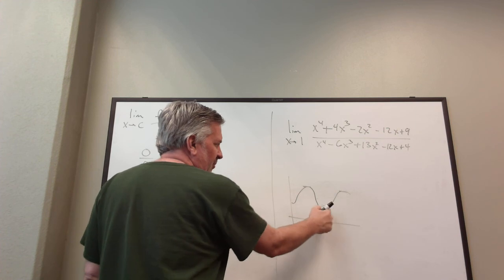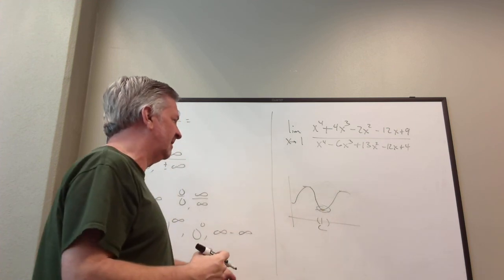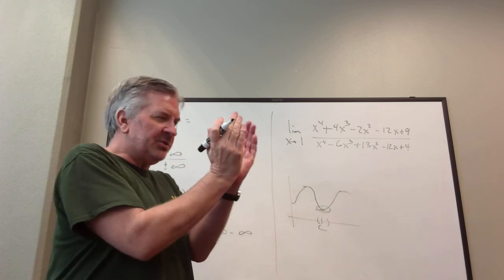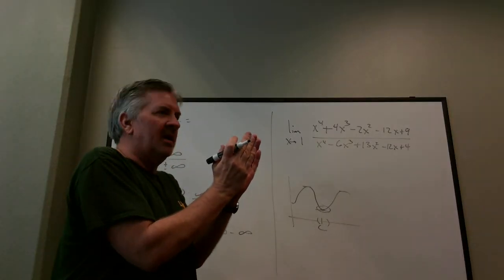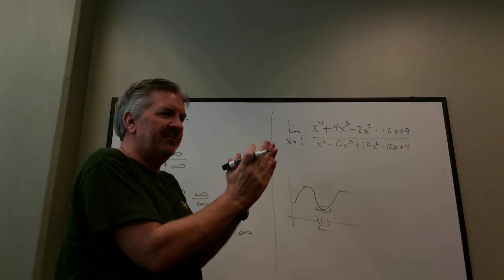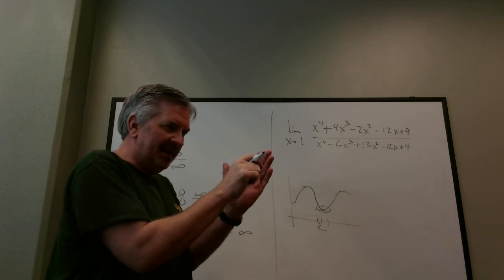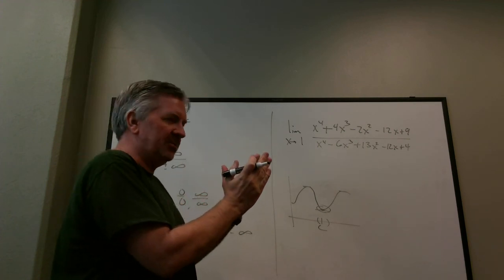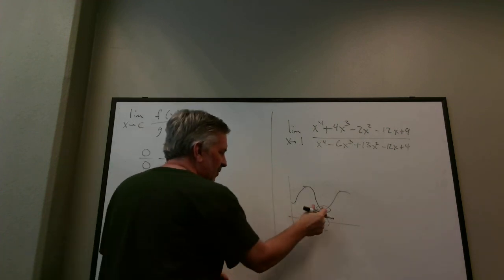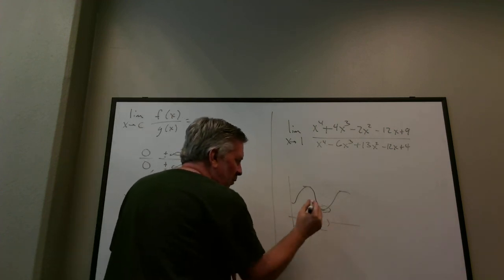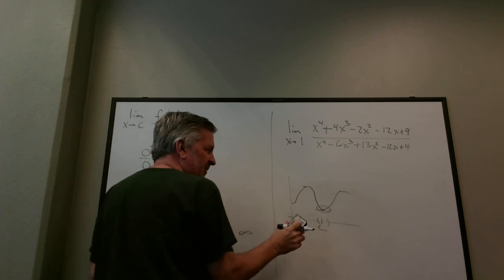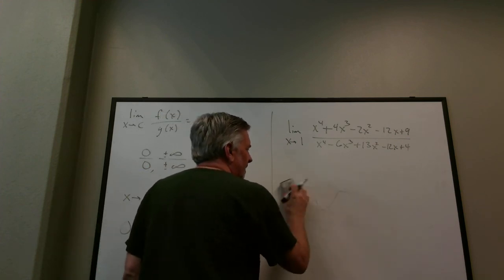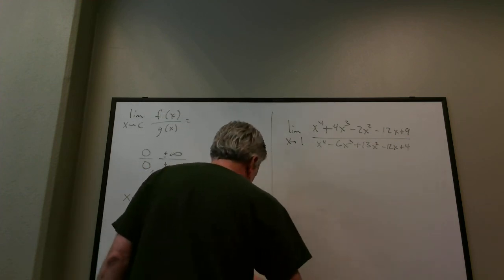At c, the derivative is zero, but everywhere else it's not. So that's the idea. When you're near c, you can take an interval small enough where the only place f and g are not differentiable is at c, and the only place the derivative of g is equal to zero is at c. If you can find a tiny enough interval where that's the only place, then we're okay.